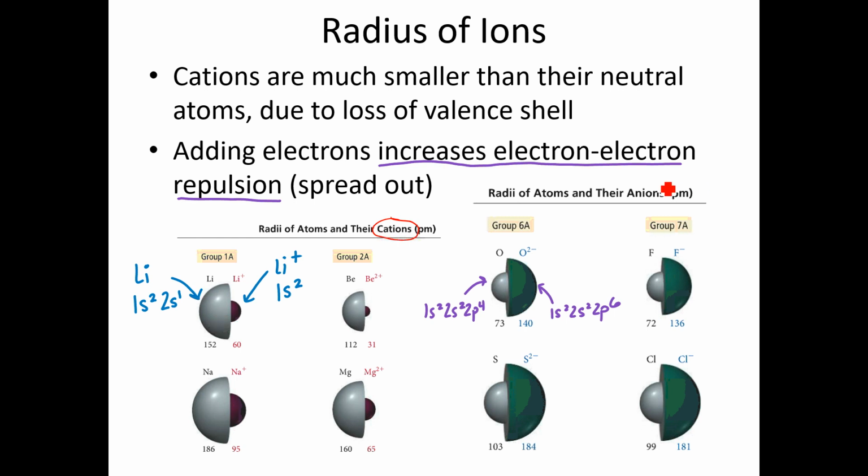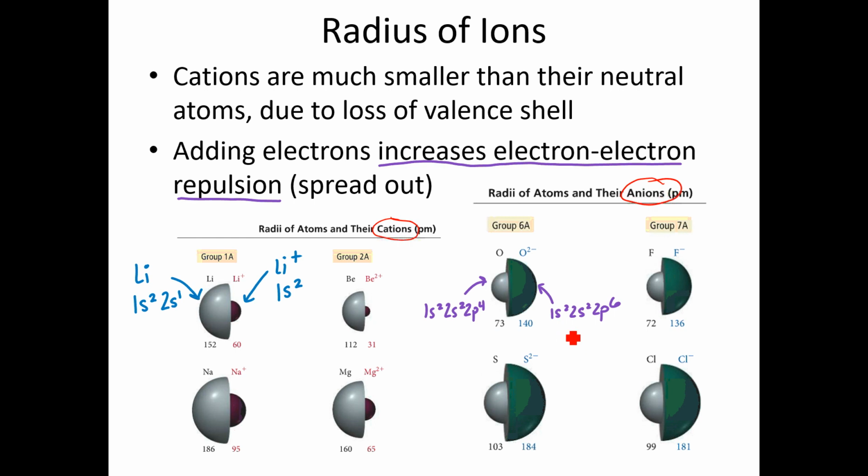Over here on the right, if you're looking at your anions, you will notice that anions tend to be larger than the neutral atom. And if you compare their electron configurations, you'll notice they have the same number of shells. So it's not because we gained or lost a shell here. What we have is with oxygen's 1s2, 2s2, 2p4.